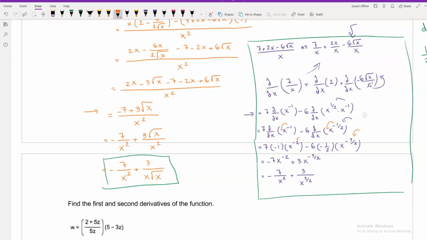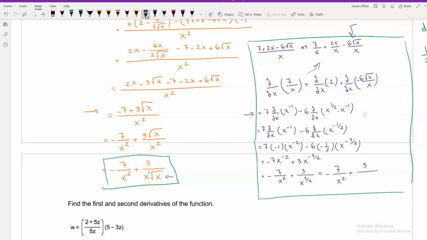Now simplify, so our answer is negative 7 divided by x squared plus 3 divided by x with power 3 over 2. It's the same as what we have on that part, because this is 1, and square root of x is the same as writing x to the power 1 over 2.